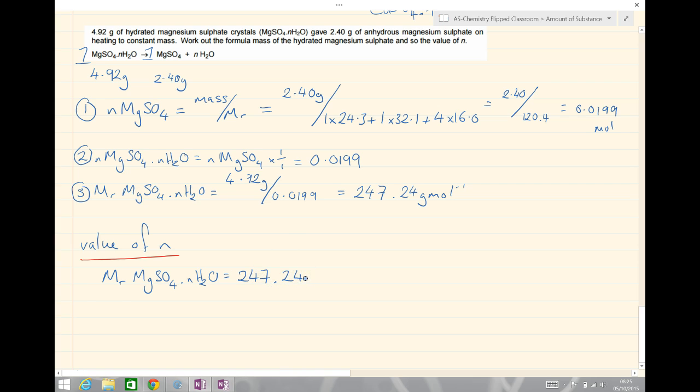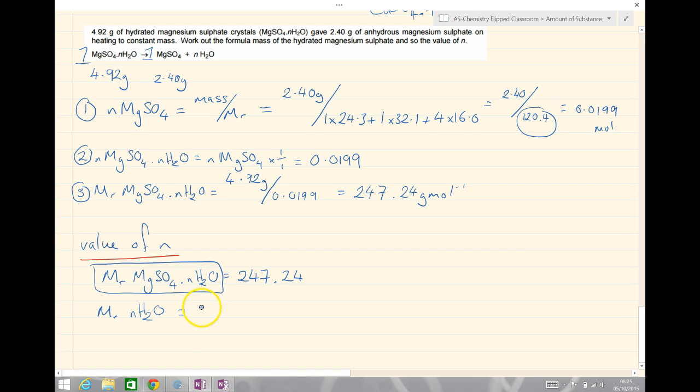That means we can find the Mr of the water, and that's going to be the difference between the Mr of the hydrated magnesium sulfate and the Mr of the anhydrous magnesium sulfate.